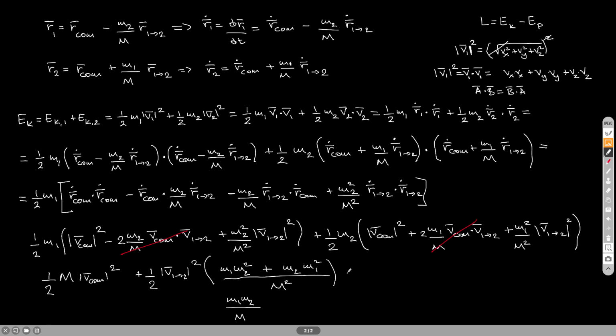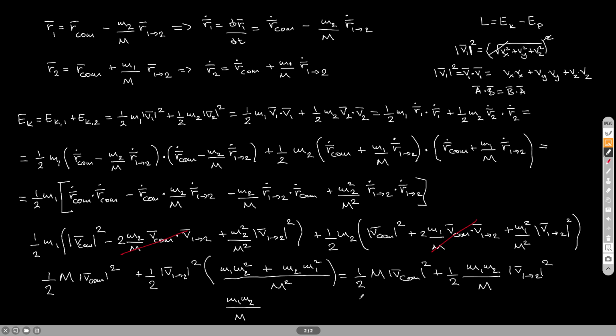So the final result for the kinetic energy is 1/2 big M, the speed of the center of mass squared, plus 1/2 m1 m2 divided by big M and the speed of the relative position vector from 1 to 2 squared.